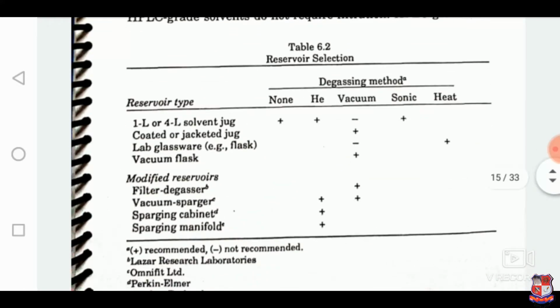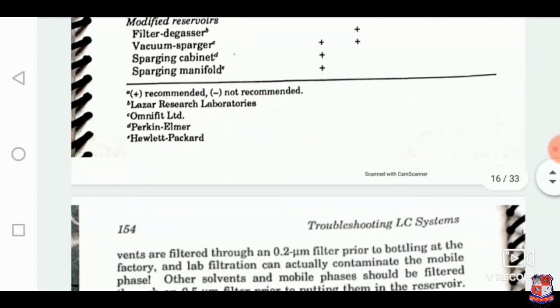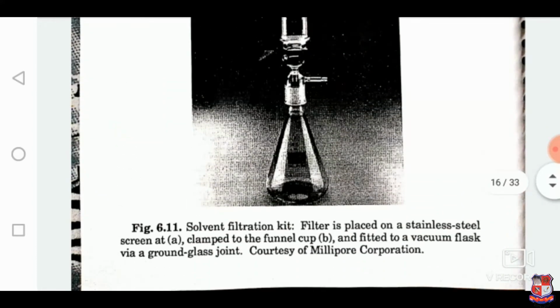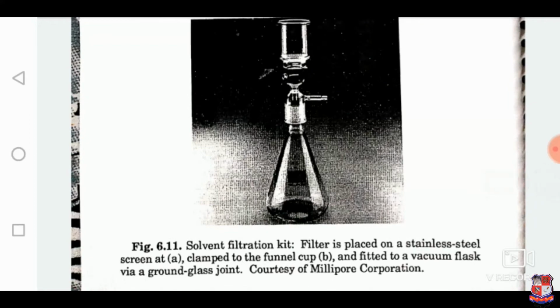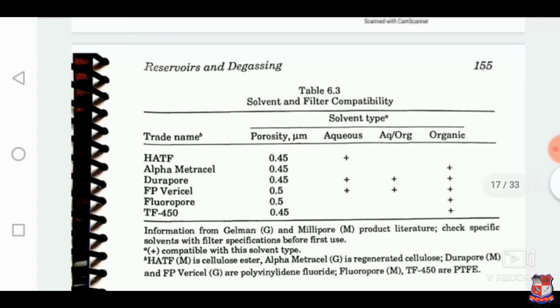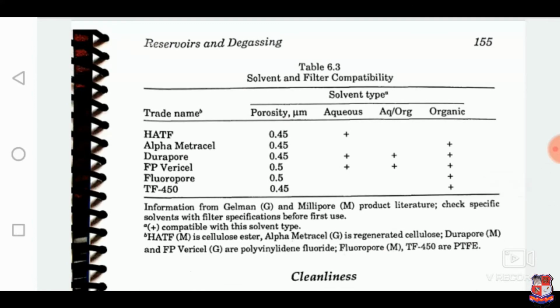Here the table illustrates reservoir selection, how we can select the appropriate reservoir with the appropriate volume. Here is the figure for the solvent filtration kit apparatus and how it is assembled. This table indicates solvent and filter compatibility, what kind of compatibility there is.